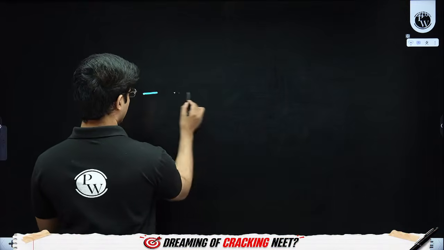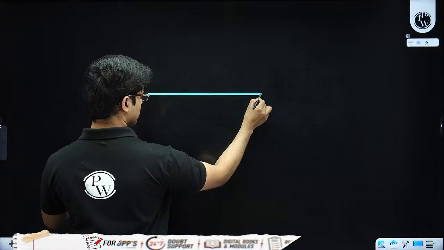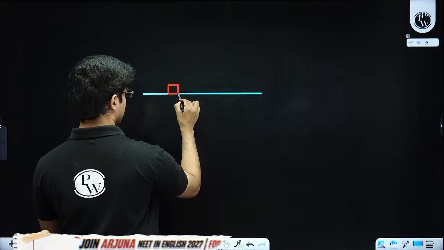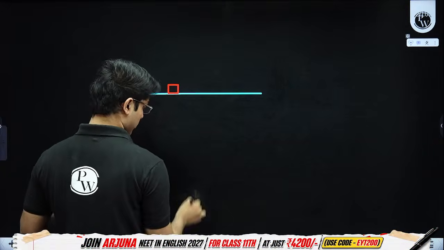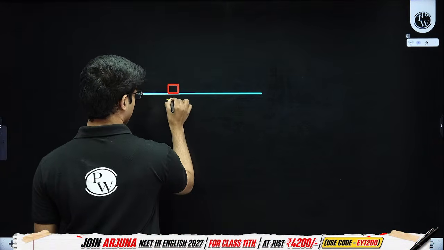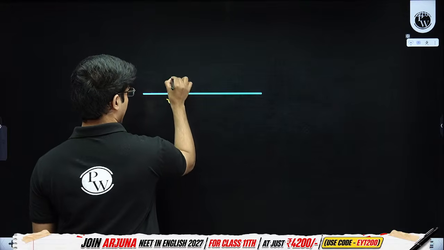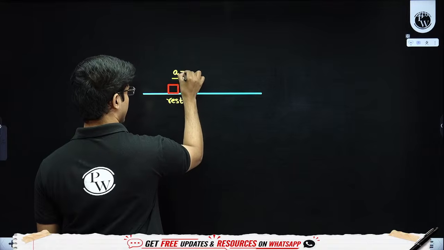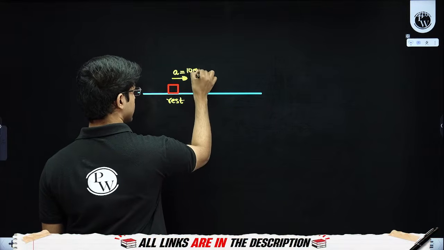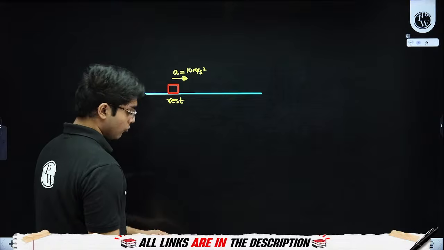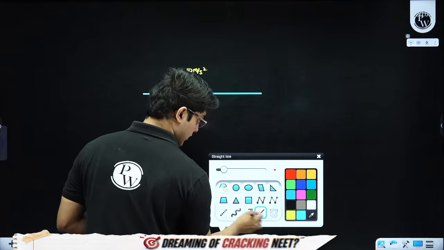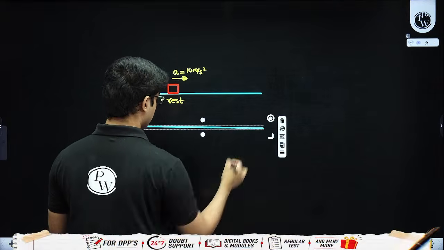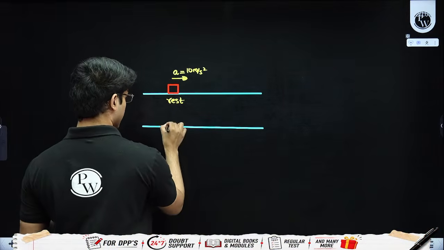Now for constant acceleration, this idea is also important. Let's say the block starts from rest and the acceleration is to the right, and let's say it is 10 meters per second square. Then what will this motion look like? What will happen to the speed is important.